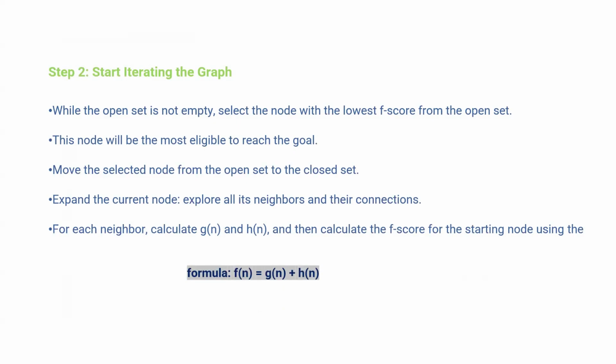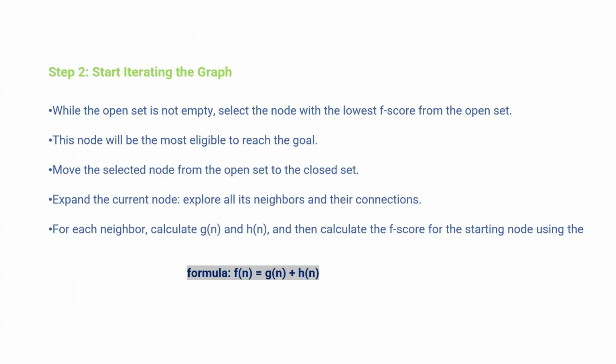Here we have a loop. While the open list is not empty, select the node with the lowest f of n value from the open list. Let's call this the current node. If the current node is the goal node, a path has been found. Reconstruct the path by backtracking from the goal node to the start node using the parent pointers.